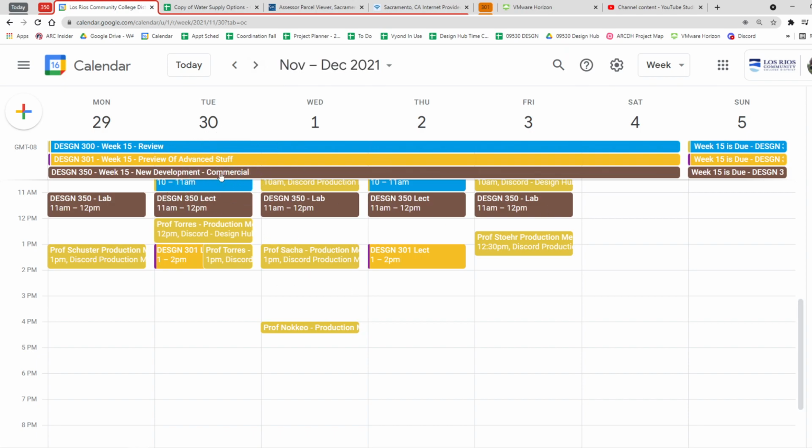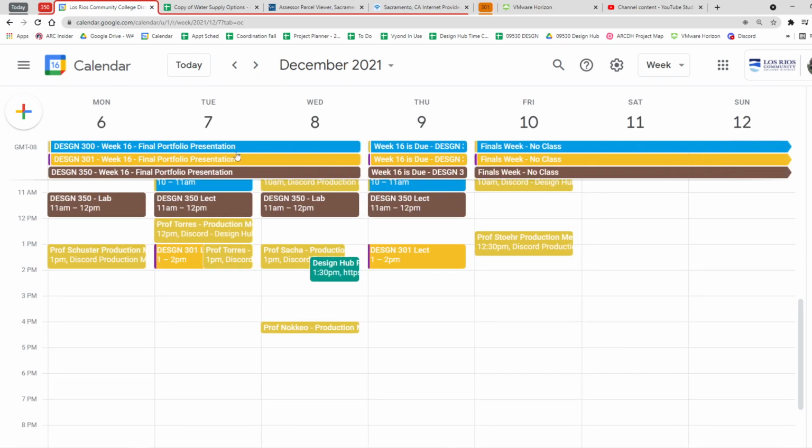And this one is going to be a mixed use project. I think I'd rather have you working more on the development of the plan this time through than the documents. And then look at that final portfolio presentation.